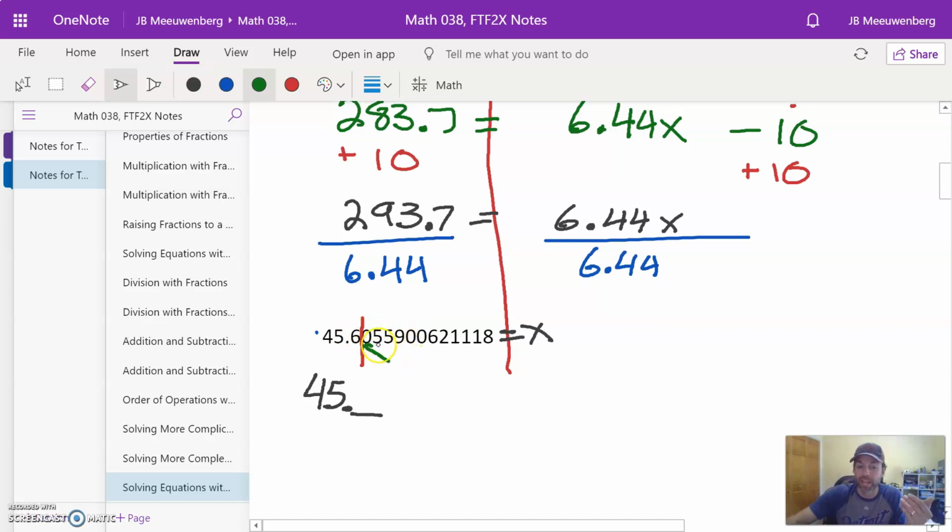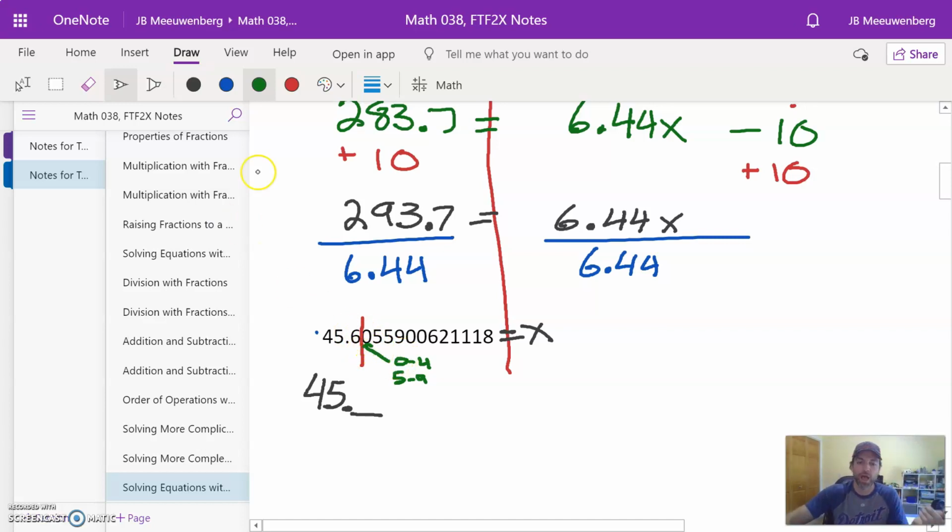If that next number is 0 to 4, then we usually just keep this number the same, calling it rounding down. We round it down to 45.6. If that number is 5 through 9, which means we're more than halfway to the next tenth, then we would round up.